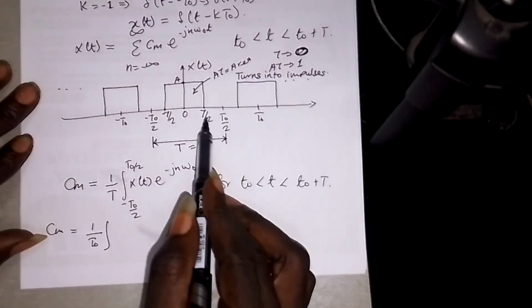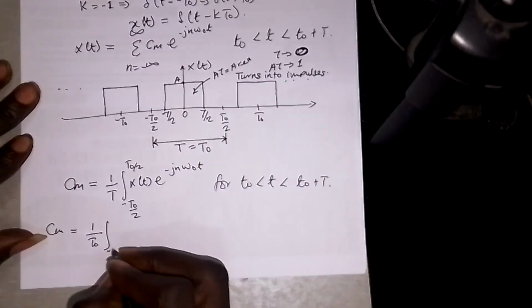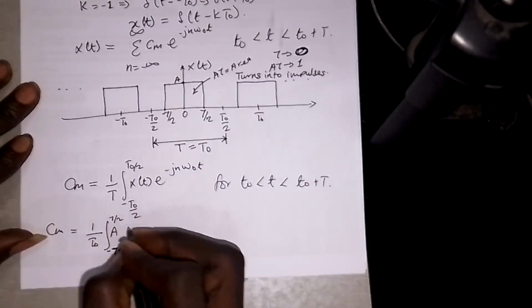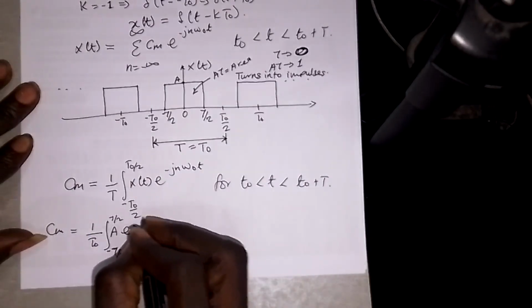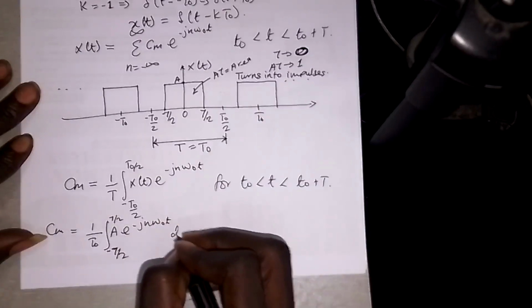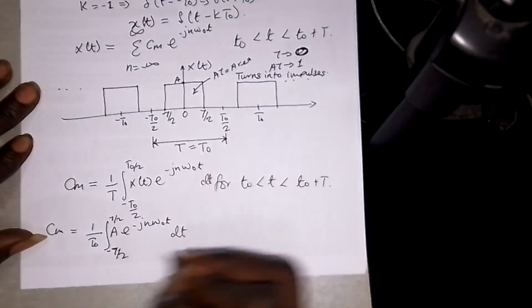So here I have minus tau on 2, and here I have tau on 2, into A, into e to the minus j n omega naught t.